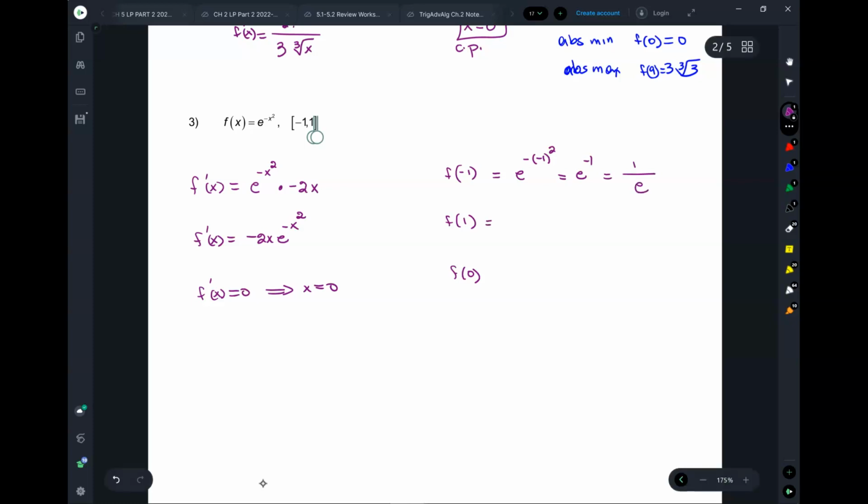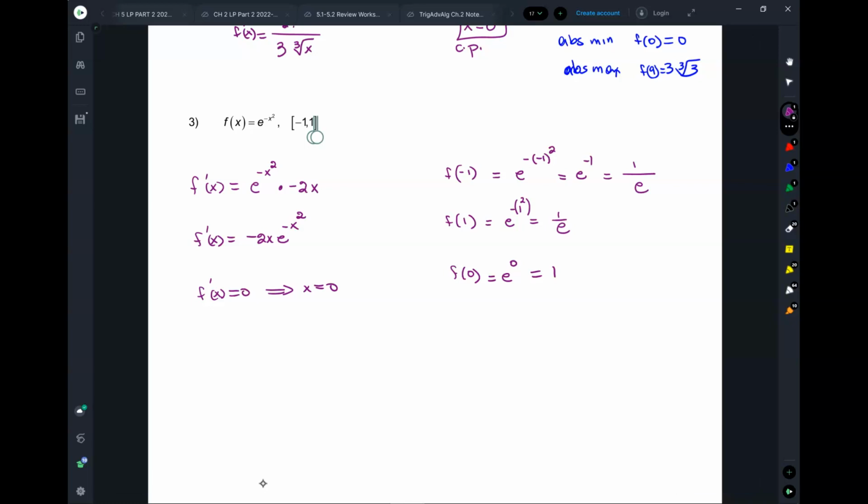Okay, so f of 1, e to the negative 1. So again, 1 over e. Oh, e to the negative 1 squared, but it's still the negative. So the negative is outside, right? So it's e to the negative 1 squared. And then f of 0 is e to the 0, which is 1.